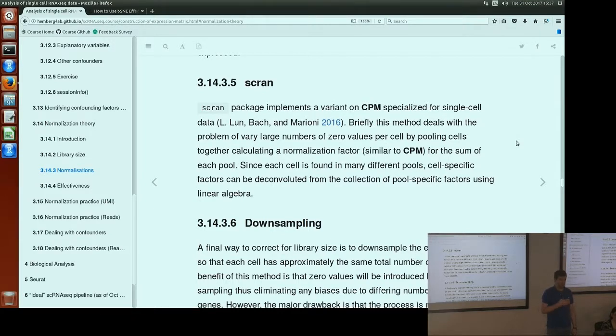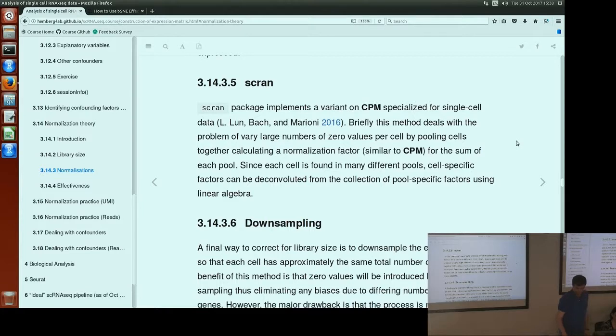And that works because by pooling and repooling the cells, each cell is found ultimately in many different pools, and we can aggregate that information to solve that system of equations for individual cell-specific factors using the power of linear algebra, which is nice.